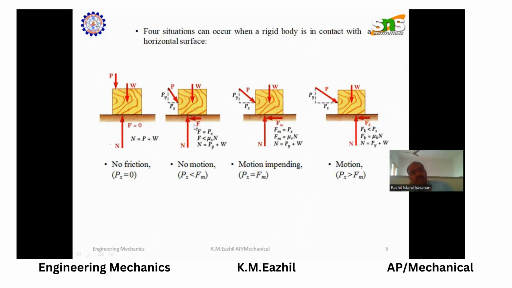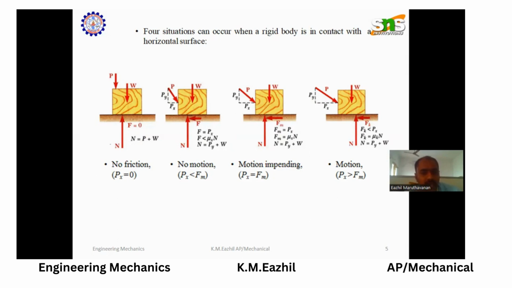Case 2: when P is inclined, we have to resolve it into Px and Py. For the horizontal motion, we get the equation Px in the positive direction and F in the negative direction. Therefore, Px minus F is equal to 0, so F is equal to Px.